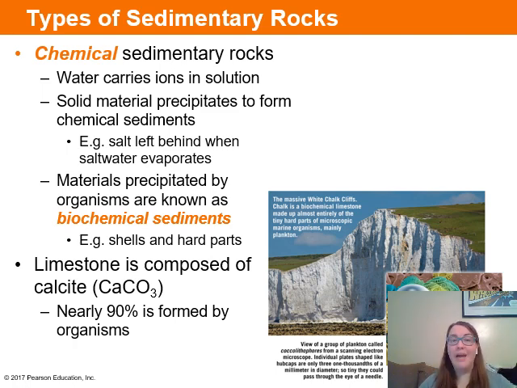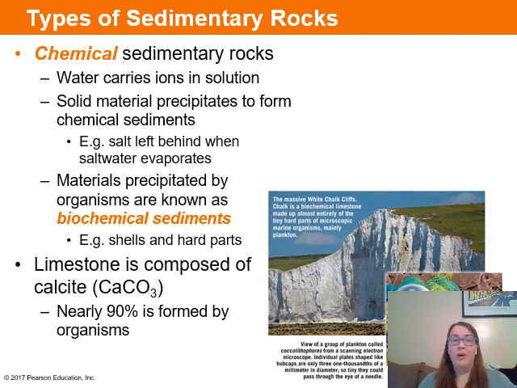This is exactly how these chemical sedimentary rocks form. We have a lot of ions dissolved inside of a solution, some kind of liquid. But over time, whatever's dissolved inside of that liquid is going to turn into a solid, and it's going to precipitate. It's just slowly going to settle towards the bottom.